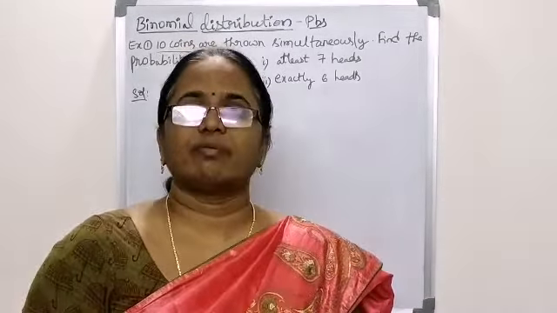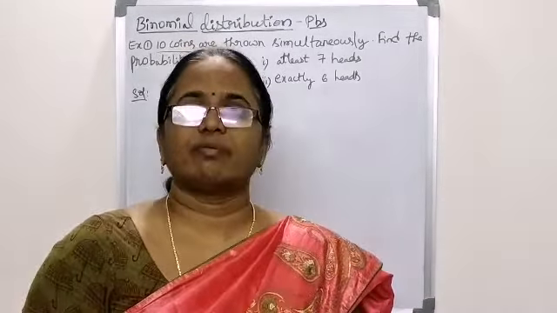So 1 by 2 the whole power 10 of 10c3, it is 10 into 9 into 8 by 3 into 2 into 1, plus 10c2, it is 10 into 9 by 2 into 1, into 1 by 2 power 10 already written outside, plus 10, 1 by 2 power 10 already written outside, and the last term is 1.